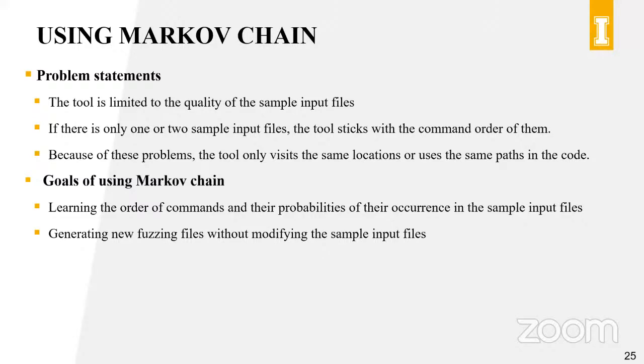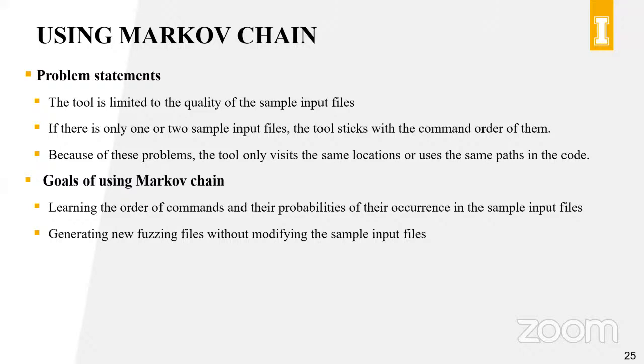The tool only generates fuzzing files based on the sample input files, with the same order of commands or lines. If there are only 1 or 2 sample input files, the tool sticks with their command order. Because of this, the tool only visits the same locations or uses the same path in the program or code under test.